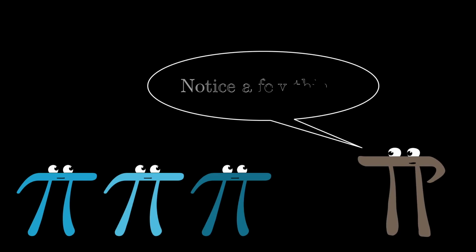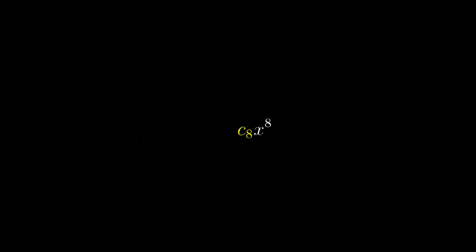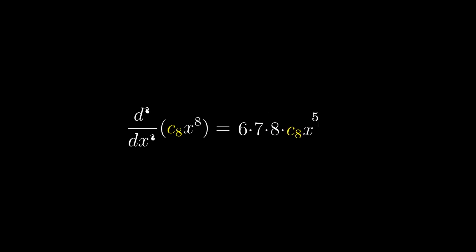Now take a step back and notice a few things happening with this process. First of all, factorial terms come up very naturally in this process. When you take n successive derivatives of the function x to the n, letting the power rule just keep cascading on down, what you'll be left with is 1 times 2 times 3 on and on up to whatever n is.